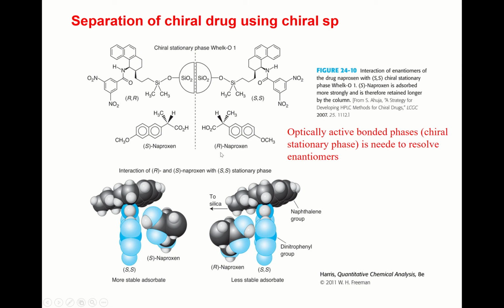They are optically active. These are optically active bonded phases. In other words, a chiral stationary phase is needed to resolve enantiomers. This chiral bonded phase has a strong interaction with this R naproxen.